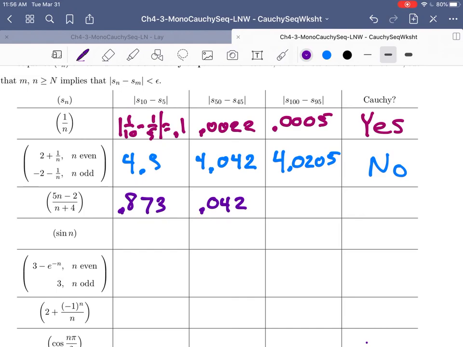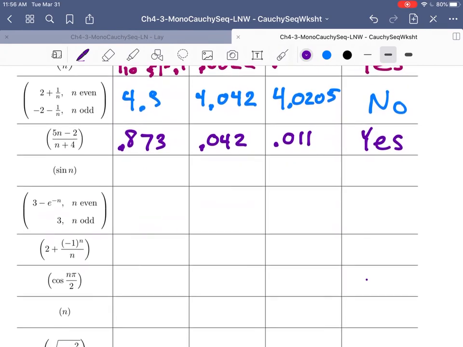The distance between our 100th term and our 95th term is 0.011. Turns out that yes, this sequence is also Cauchy. As we keep going, our terms keep getting closer together, and the distance between them is heading towards 0. So that is a Cauchy sequence.